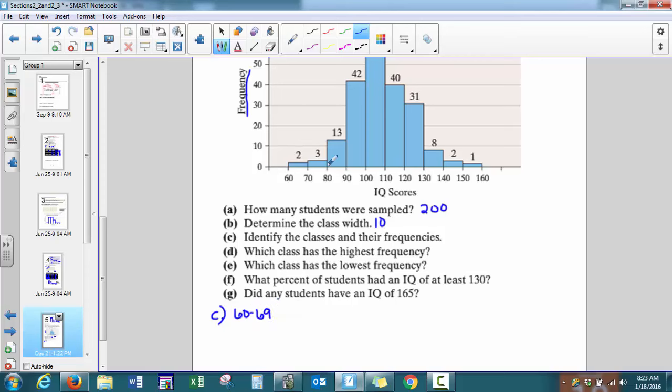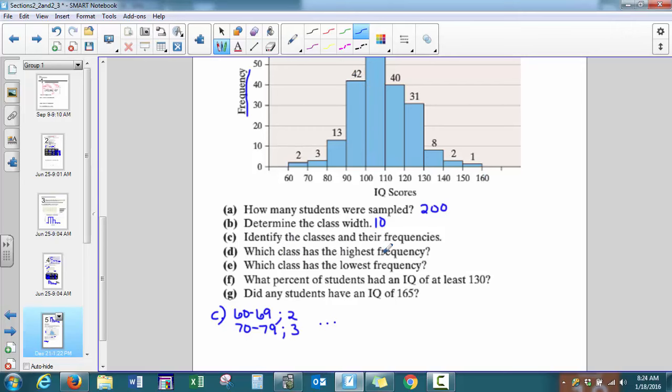That's for the next bar. And the corresponding frequency, this is 2. We have 70 to 79. And that frequency is 3. And we would continue on. 80 to 89, frequency of 13. 90 to 99, frequency of 42, and so on all the way out.